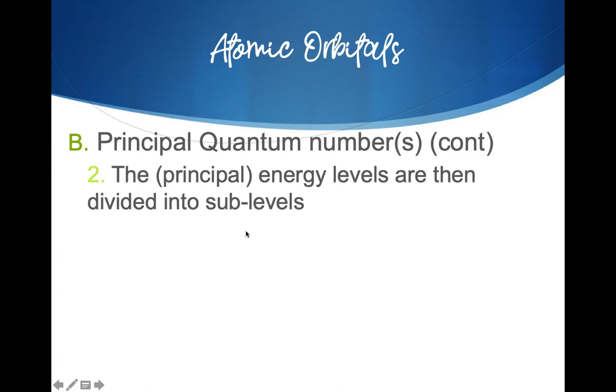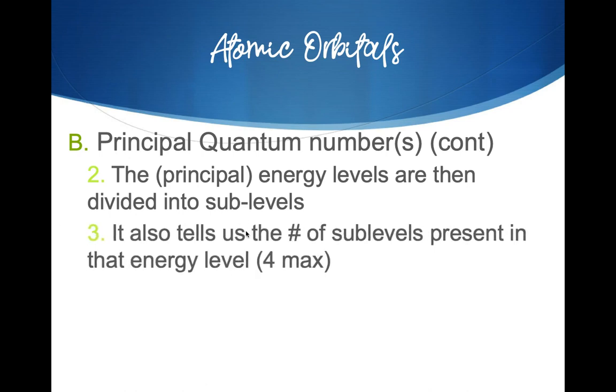Now, the other thing that the energy levels will do, so you have that principal quantum number, and then you can divide it into sublevels. Well, that kind of makes sense. An energy level is like a big area. Let's get more specific and divide it into sublevels. The number of sublevels matches what energy level it is, up to 4, because there's only 4 sublevels total.